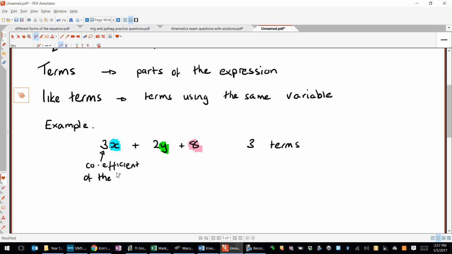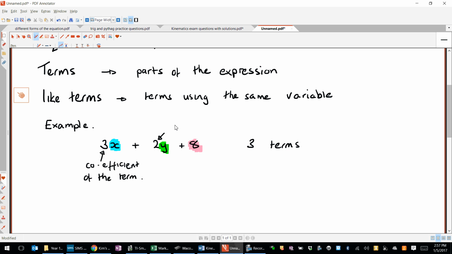A coefficient. 2 is another coefficient because it's not really a number, it's what you do to the number when you get given it. Do you understand the difference? Whereas the 8 is the number 8. You have to add 8. So 3 is a coefficient, 2 is a coefficient.